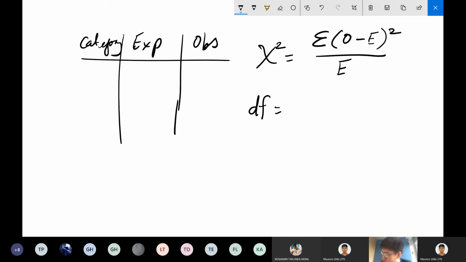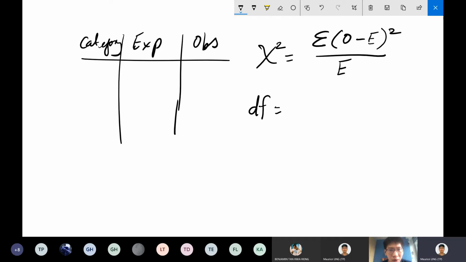The formula should be n minus 1 multiplied by m minus 1, sir. That is for a contingency table. It's not for this.